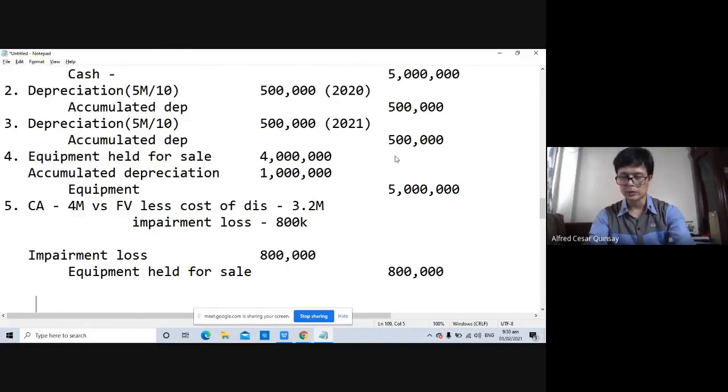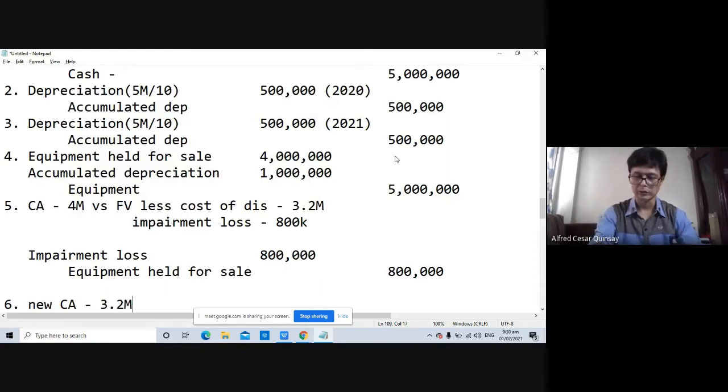Magkano yung equipment natin ngayon, yung carrying amount niya. So this is for number 6, no? Okay, so for number 6, ang new carrying amount is nasa 3.2 million, kasi nga nag-ano tayo ng impairment loss.